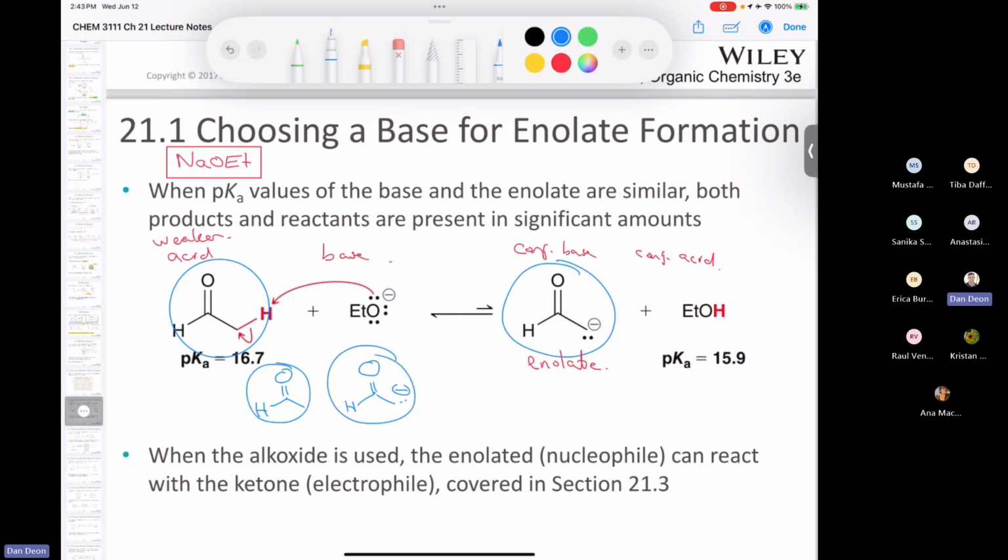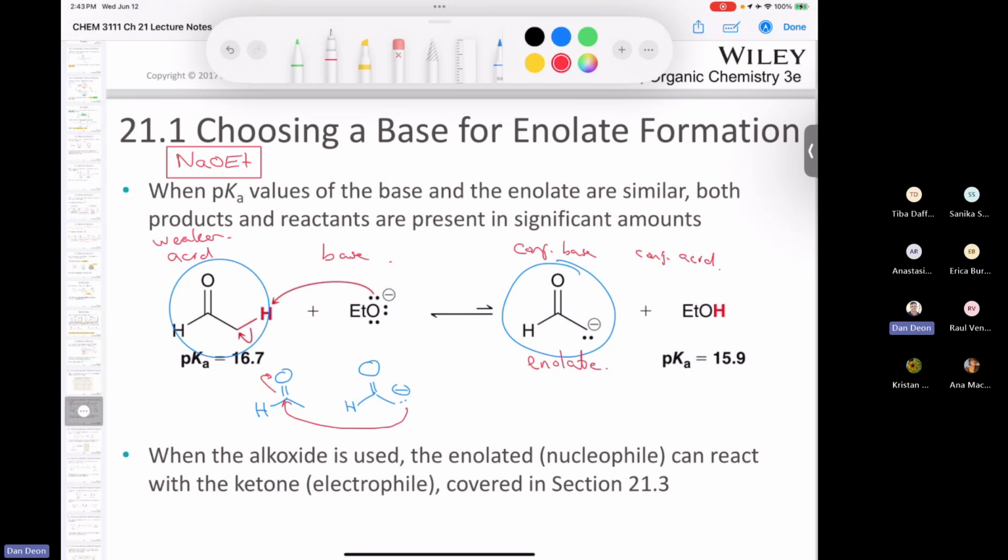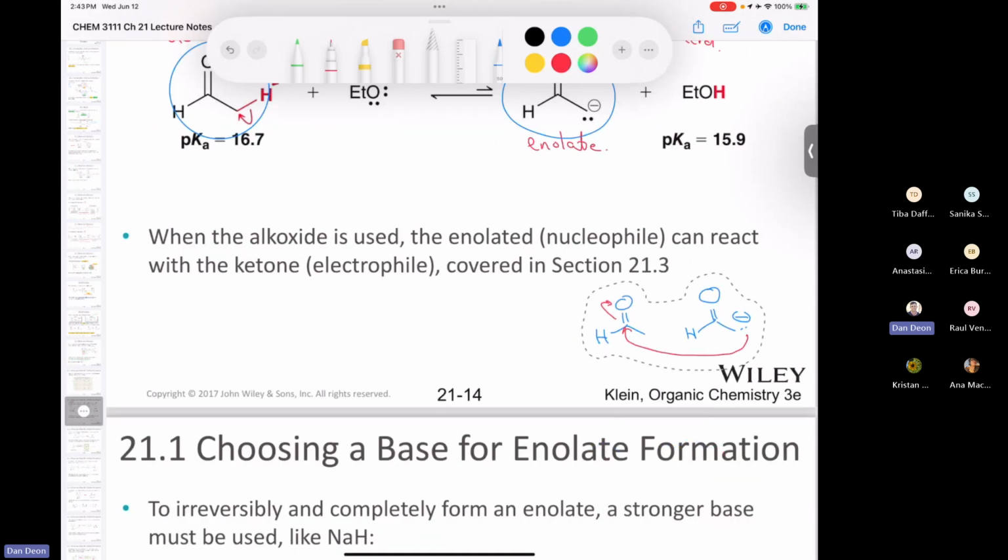This is an electrophile. So what that means is that they can react together. Now, that's not my best curved arrow, but you can get a nucleophilic attack by the enolate on the aldehyde like that. And that's something that we're going to take a look at in just a second. So we're going to cover that in section 21.3. So I'm just going to move this out of our mind's eye. I'll stick it down there. We're going to see that in section 21.3.